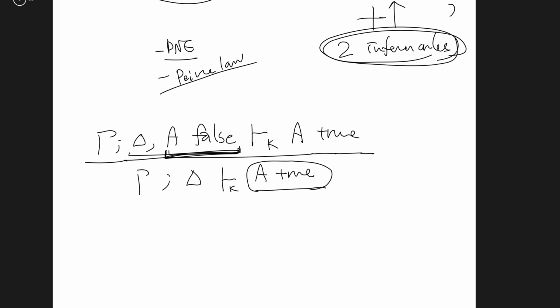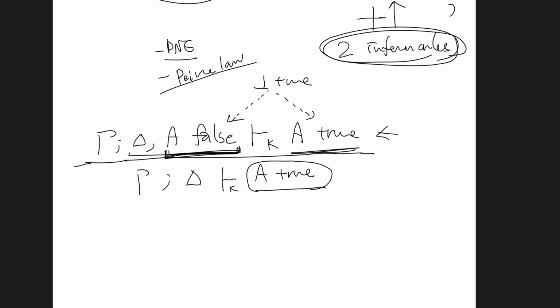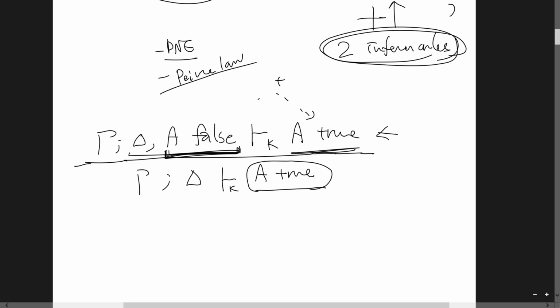And if you manage to prove A true under this extended assumption, then basically you have a contradiction, because you assume A false and you prove A true. Combining them together, you show bottom is true. So essentially, this premise says that we have generated a contradiction. We call this rule contradiction up arrow, where this up arrow indicates that this rule is best read upward in the bottom-up way.